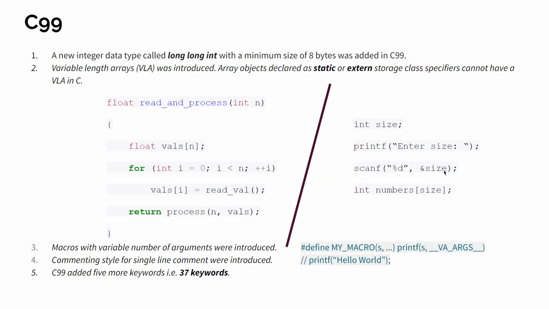Listen carefully. Naturally, arrays are supposed to have a fixed number here. No variable. You are supposed to have a fixed size, so that when this line is compiled, the numbers array could allocate the required number of bytes.